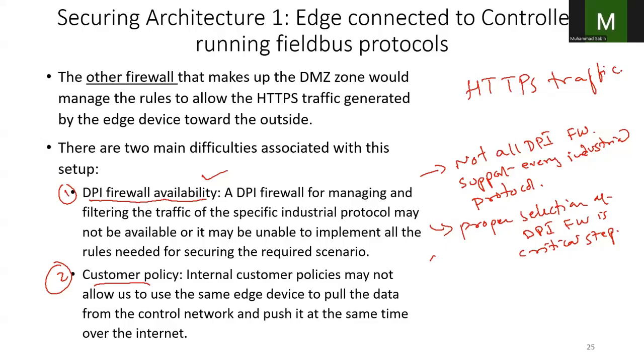This dual functionality can be a red flag for IT governance or IT policy. So while the architecture is strong in theory, its success heavily relies on the right firewall capabilities and compliance with internal security policies. Let me write these points also.